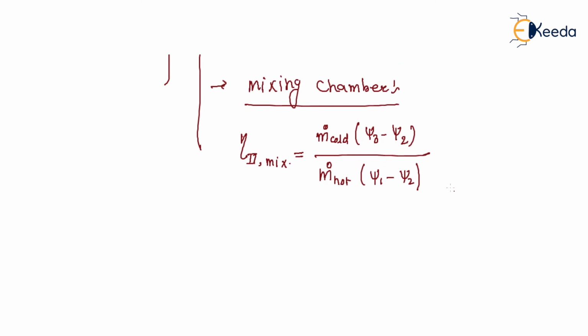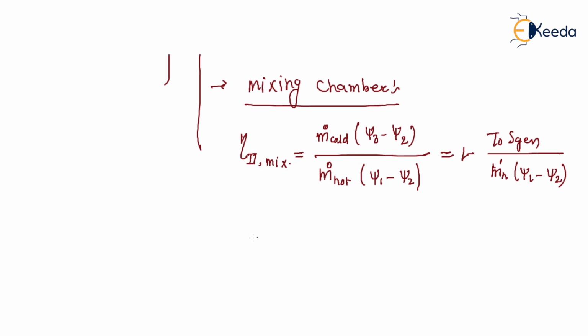And we can also write that in the entropy generation manner, T naught S generation divided by mass flow rate of hot fluid psi 1 minus psi 2.